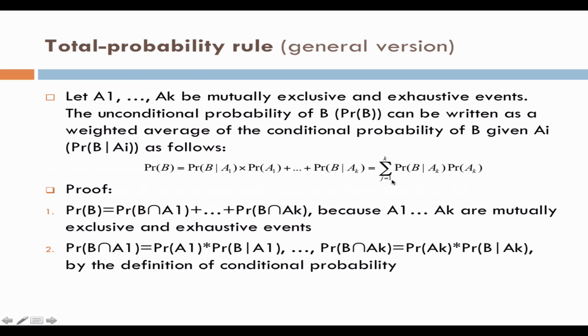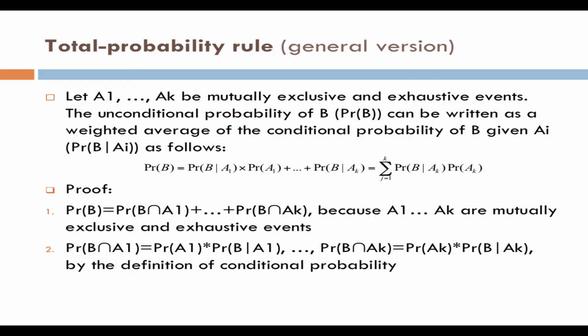And in each component, it's B conditional on AK multiplied by the probability of AK, where A1 to AK are mutually exclusive and exhaustive events. This probably seems a little bit complicated, but it's actually a natural extension of what we read there.